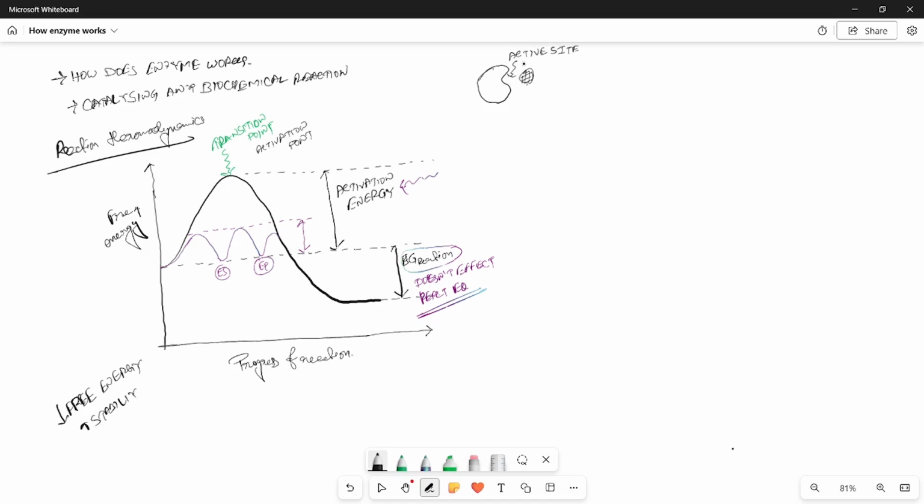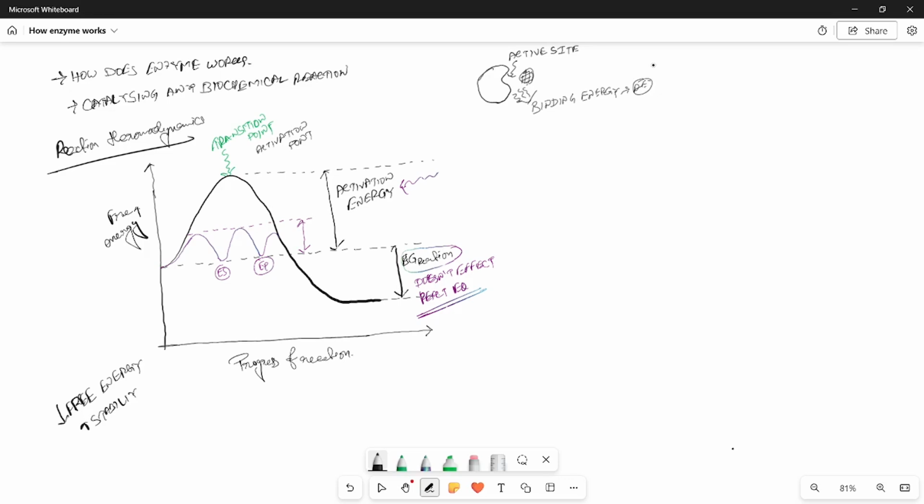When the substrate binds to the active site, some energy is liberated. This is called binding energy, and this binding energy compensates for the activation energy. I guess up to this point we are all on the same page.